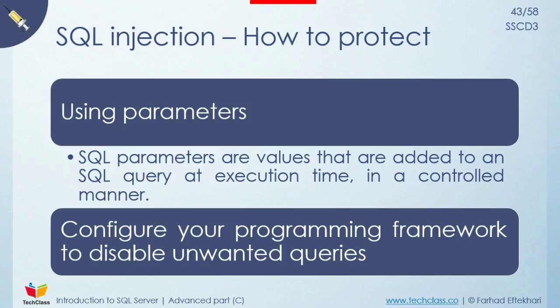In this way, you're going to increase the security of your database also. And you can also configure your programming framework to disable unwanted queries. When you have a text box, make sure what kind of information your users are entering in it. In that way also you're increasing the security of your SQL server or database.